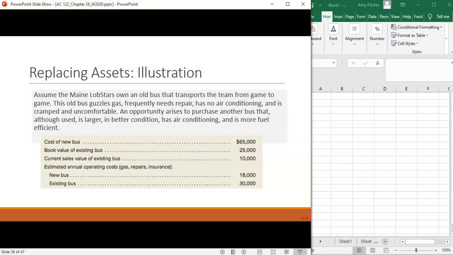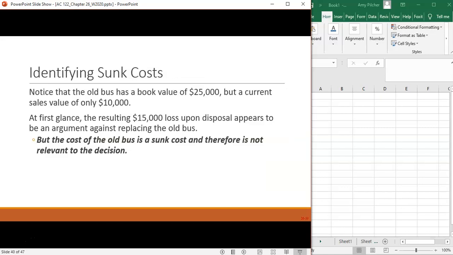We have annual operating costs for the new bus of $18,000 a year, and our existing bus costs us $30,000 a year. Now, we might look at this table and think that it's a no-brainer that we're going to replace the bus because the existing bus cost us so much money in repairs. But we're going to do the analysis. First, we have to look at the sunk costs. So what are the sunk costs?